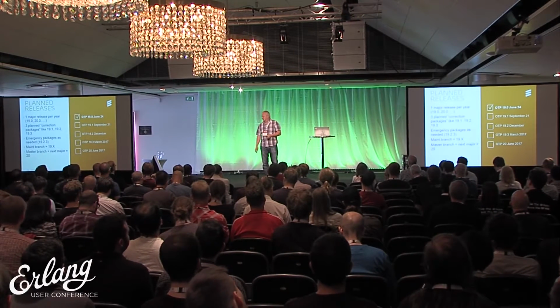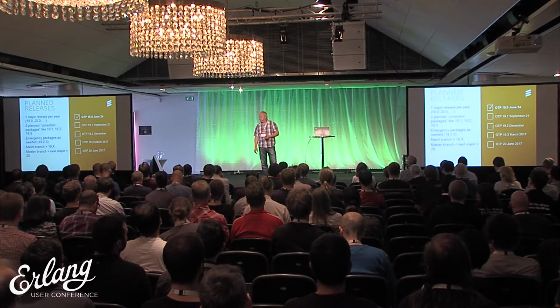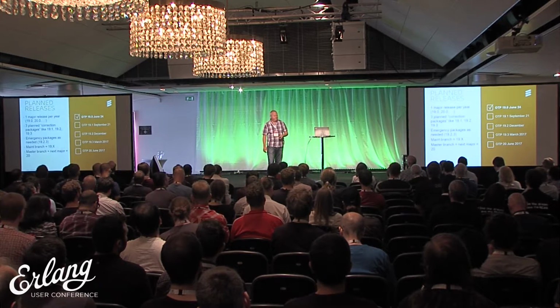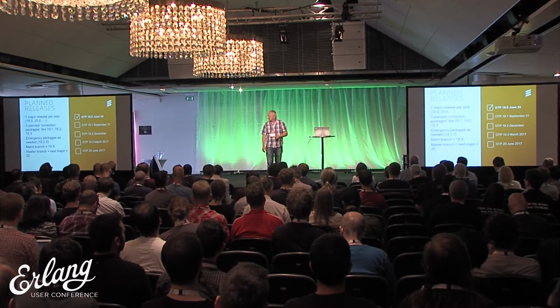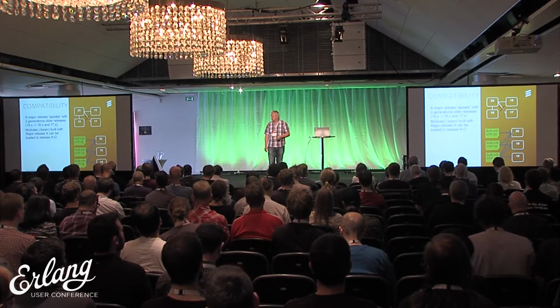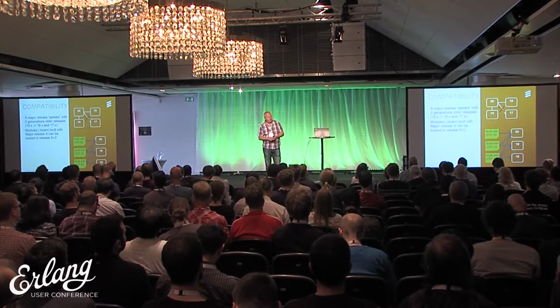So now we have OTP 19.0 out since June, and the next one is then 19.1, on the 21st of September. I would also like to say something about compatibility.